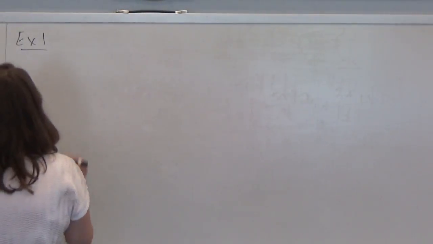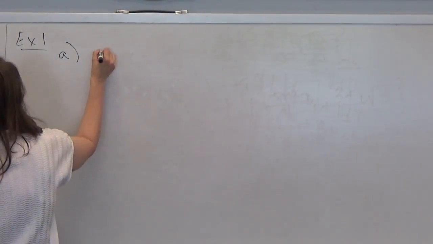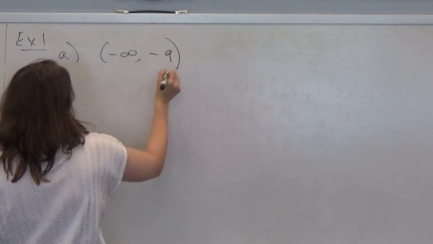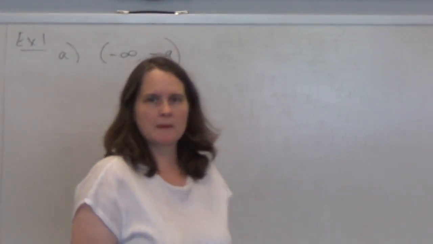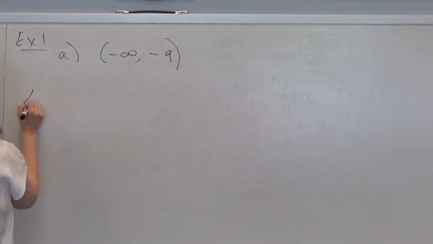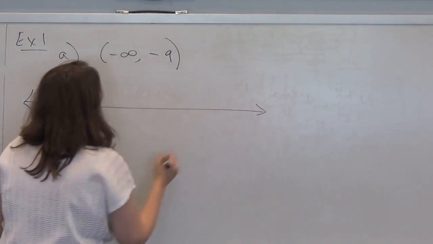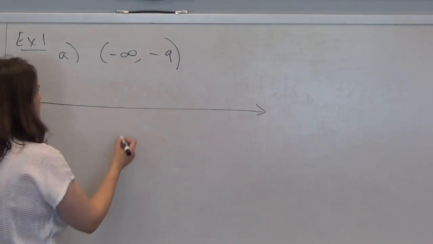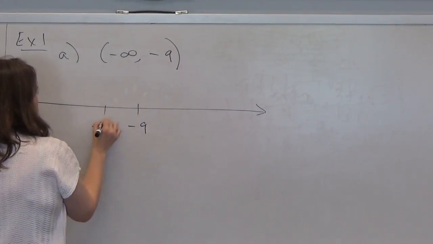Okay, so for part A, we have interval parentheses, -infinity, comma, -9, parentheses. Okay, so let's start by graphing this. Now I'm not going to put every number from -9 to +9 up here. That's not necessary. Here's -9. I'll put some numbers surrounding it.